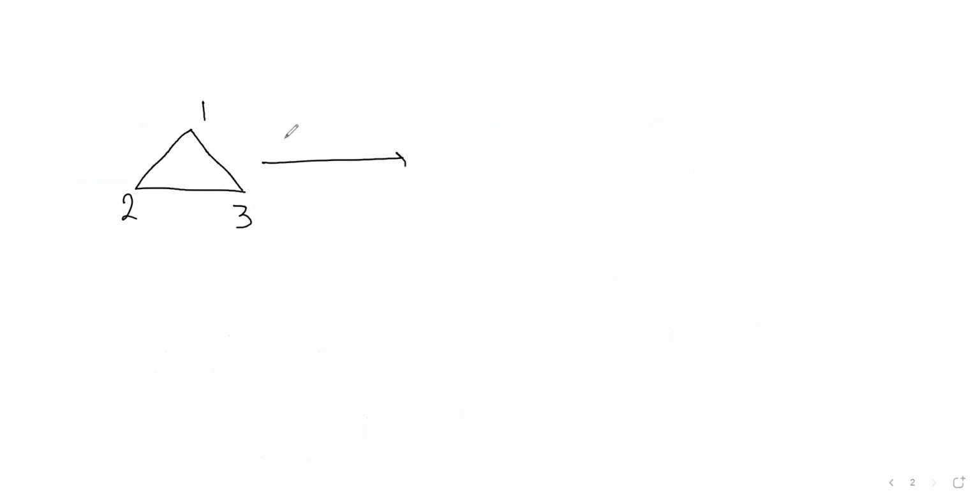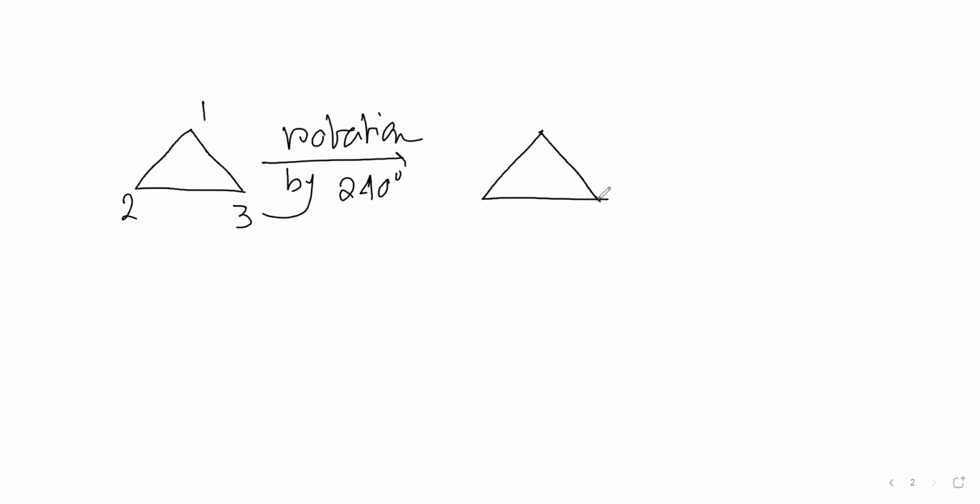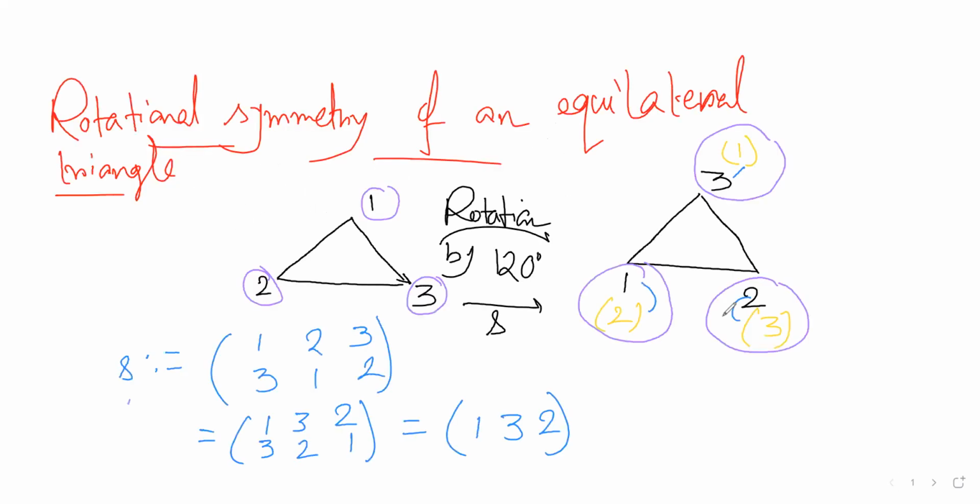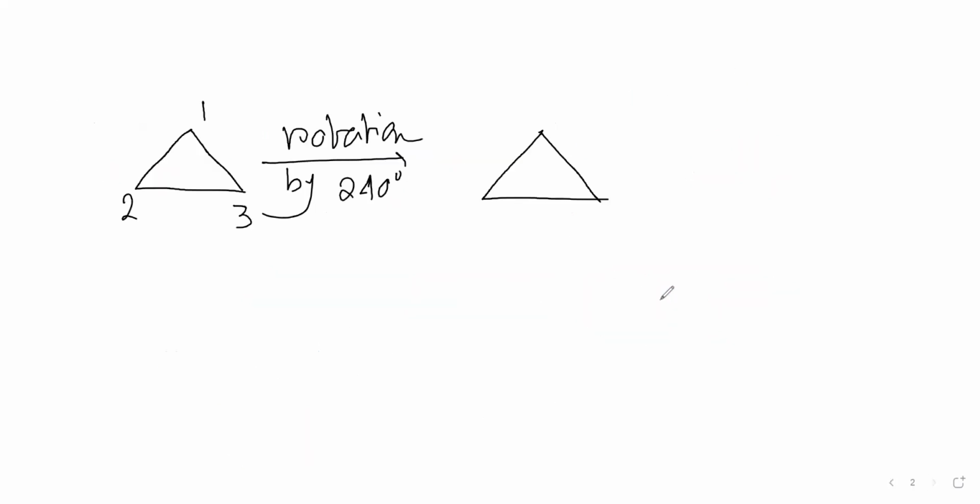Then rotation by 240 degrees. Here was the 120 degree rotation. So now we are going to define the 240 degree rotation. So 120 degrees here, so 240 degree rotation, 1 here, then 2 here, and then 3 here.